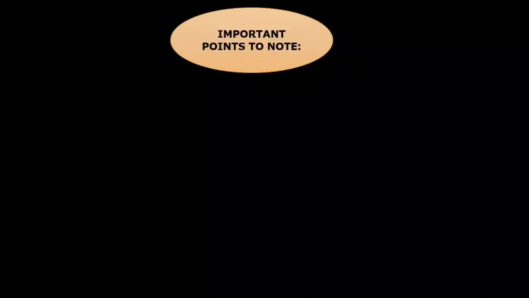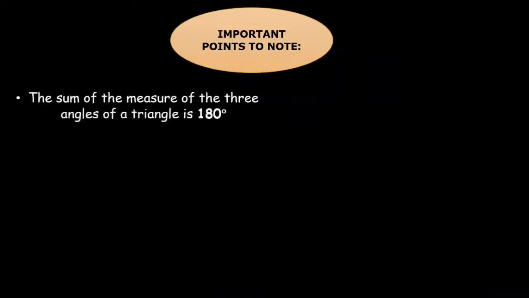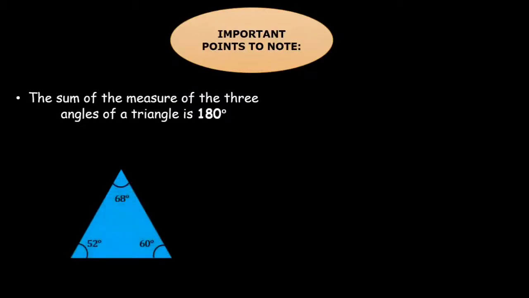Now students, along with types of triangles based on sides and based on angles that we saw, there are two more important points that we need to note. The first point is the sum of the measures of the three angles of a triangle is 180 degree.